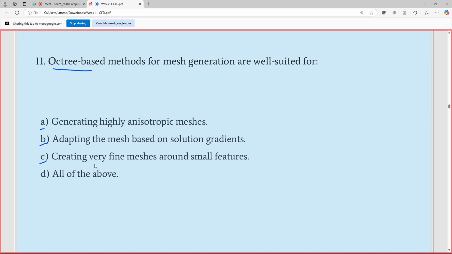Option C, creating very fine meshes around small features. Option D, all of the above. So the next question is on another mesh generation method, that is octree based methods. Which among the following statements is true for octree based methods?